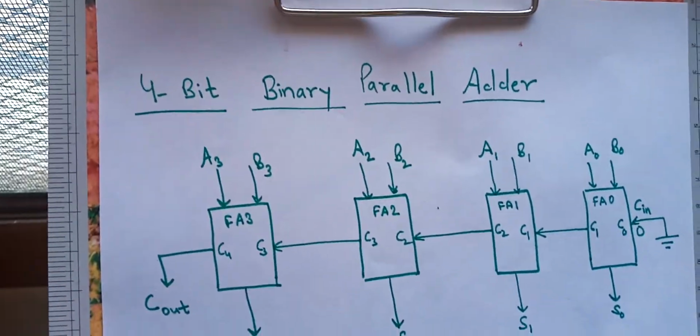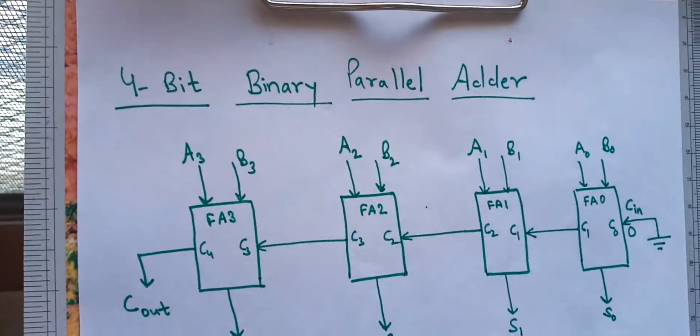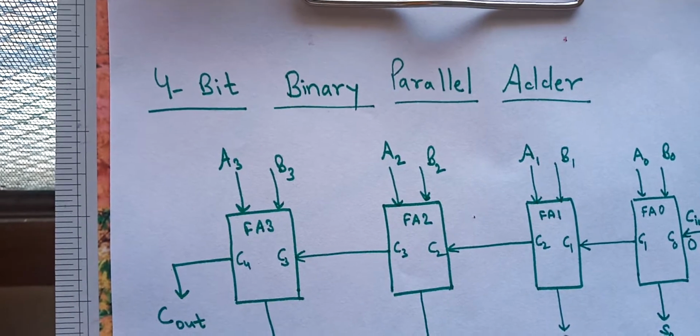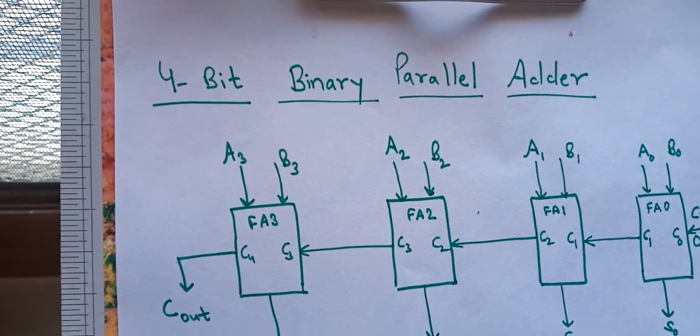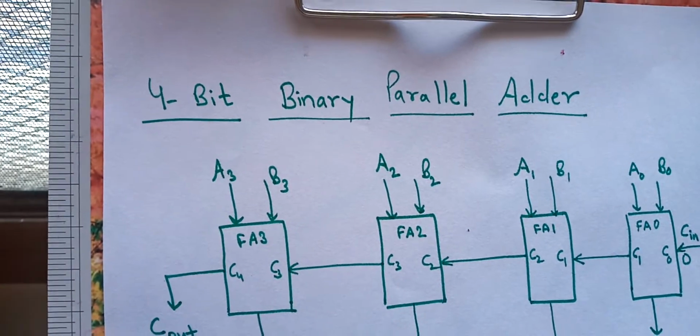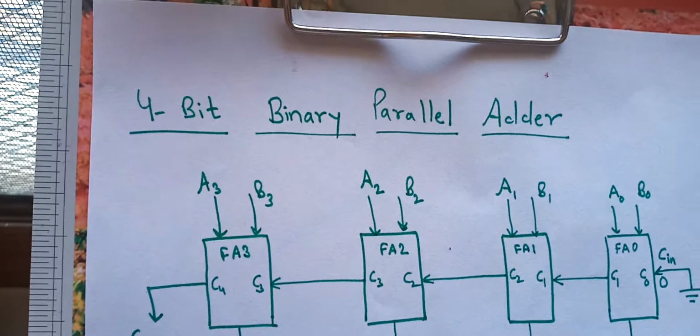Good morning, dear students. Today's topic is the 4-bit binary parallel adder. It means we have to design a logic circuit which can add parallelly two numbers which are 4 bits each.